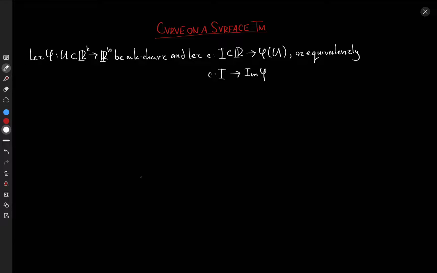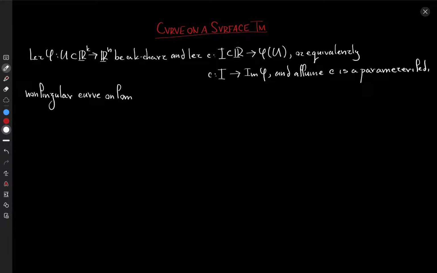Now we also require and assume that C is a parameterized, obviously, non-singular curve on some simple K surface. And it's not just any K surface, it is specifically phi of U.